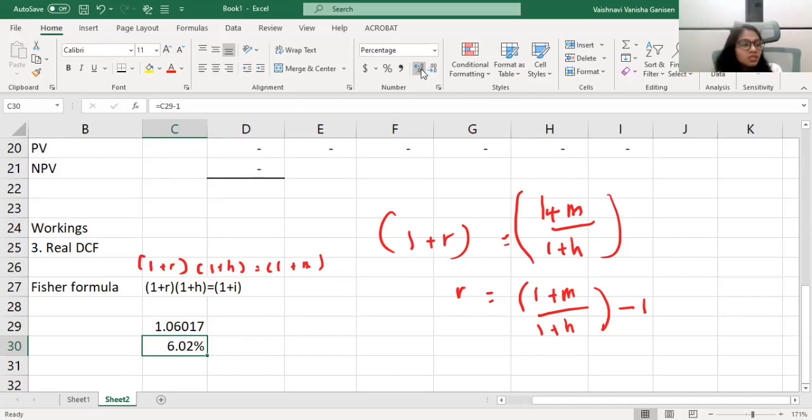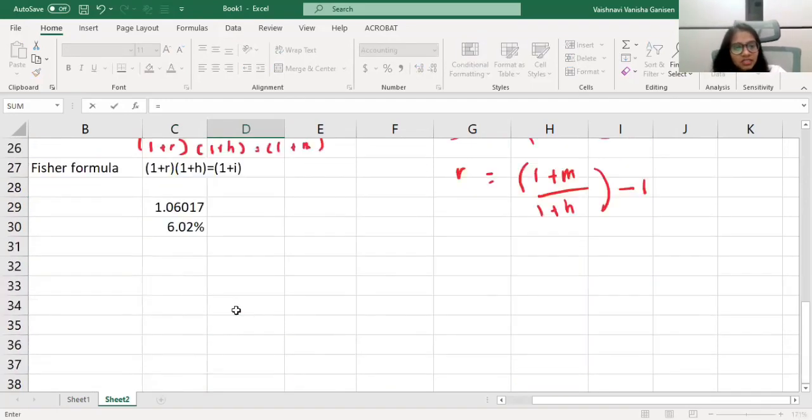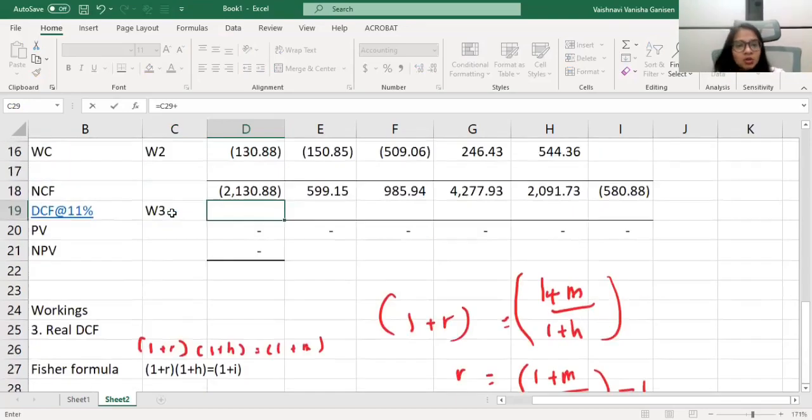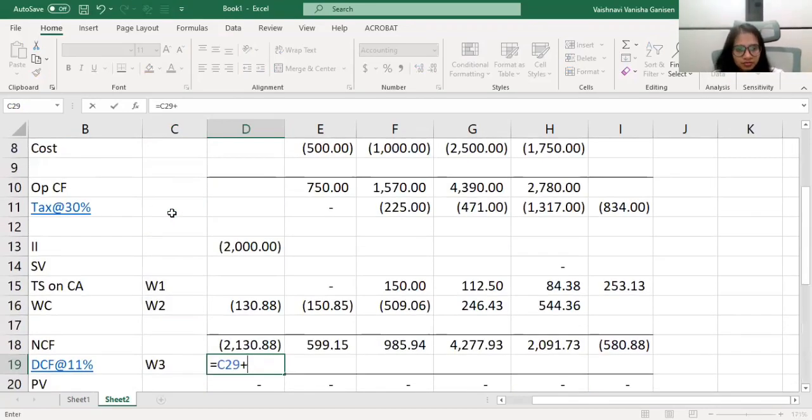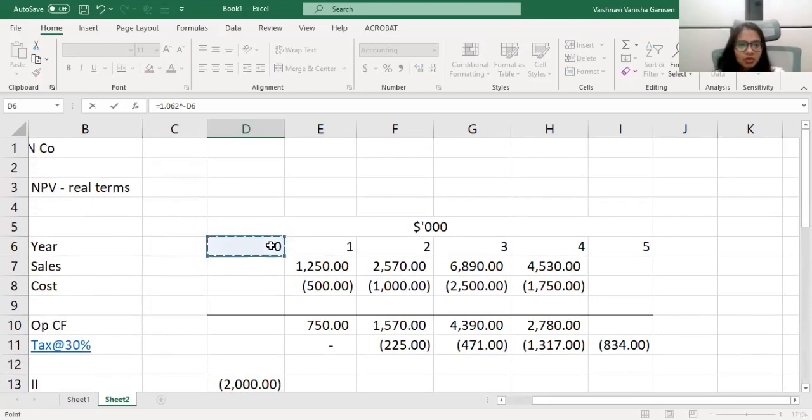Examiner will not penalize you for that. In fact, examiner will be more impressed if you can use 6.02. So here equals to, since you already calculated 1.061, or maybe I just put 1.062 to the power of negative 0.